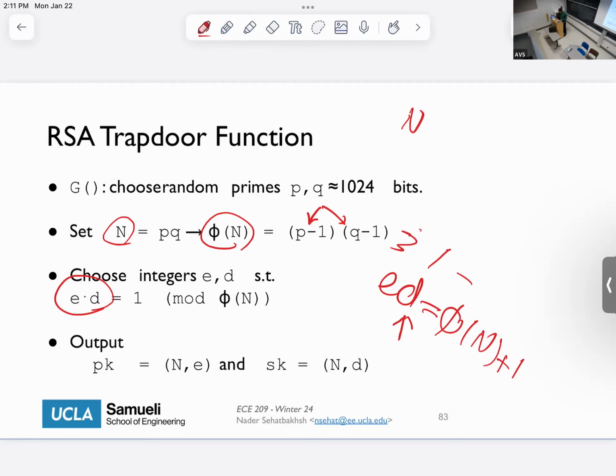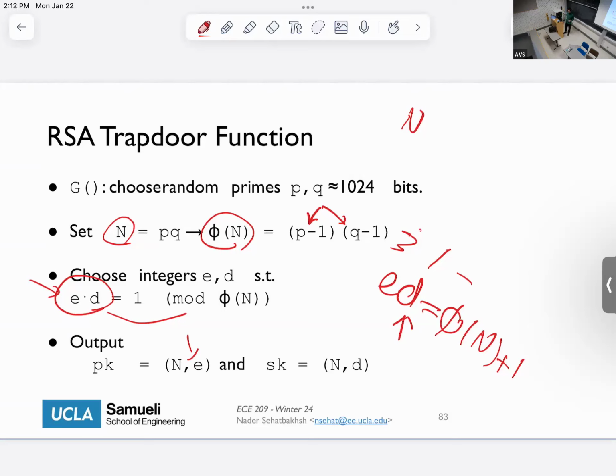And how do we pick these two? We typically make one of them constant, and the other one we search through to find a number that satisfies this equation. Since e is part of the public key, we usually make e constant, like 3 or 21.